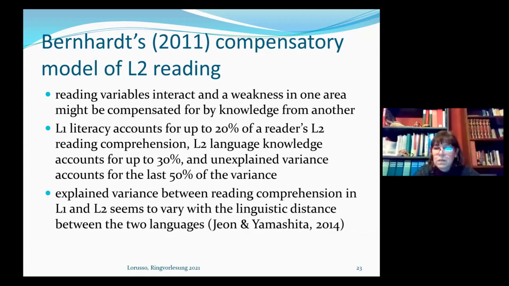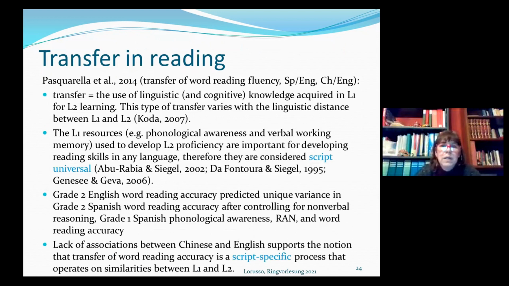So linguistic distance has, of course, a very relevant impact on the degree and the way in which the two languages interact and possibly influence each other, in a positive but also in a negative way.